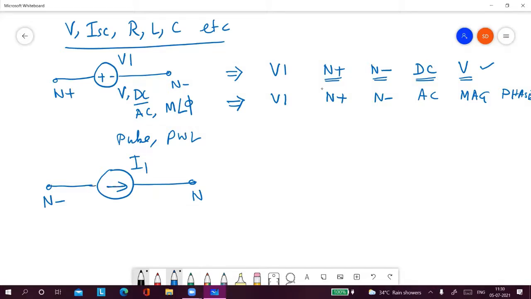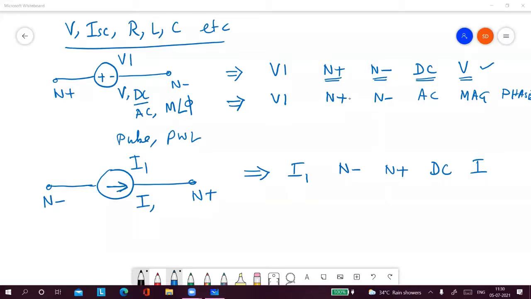Look carefully here. The current direction is from n minus to n plus, and the magnitude of the current source is say I. In that case, the SPICE statement for the current source is I1 n minus, that is n minus to n plus, then the nature of the current source, and the magnitude I.